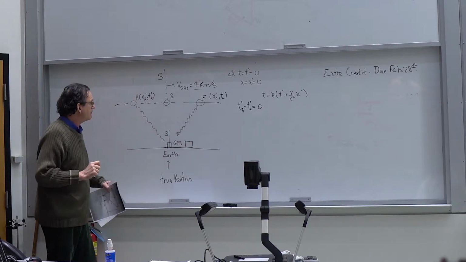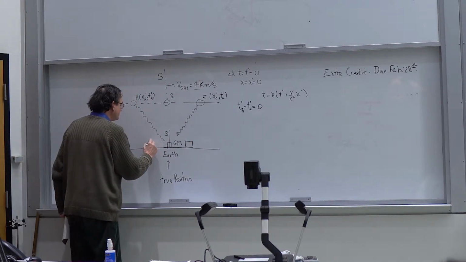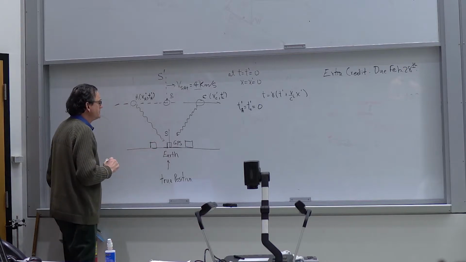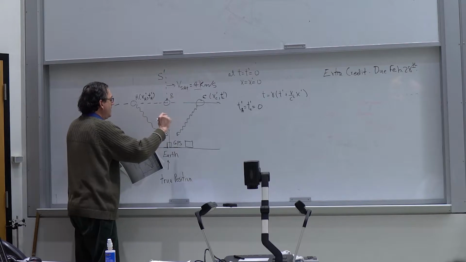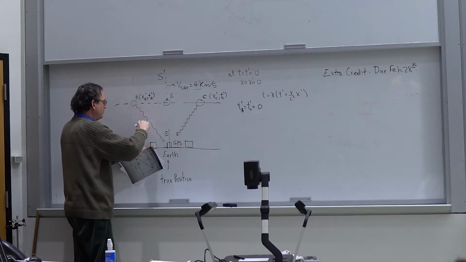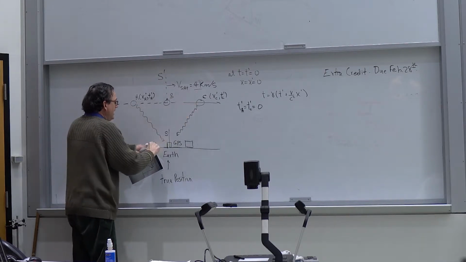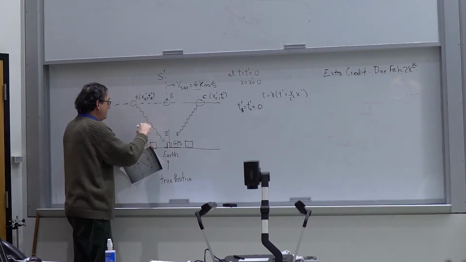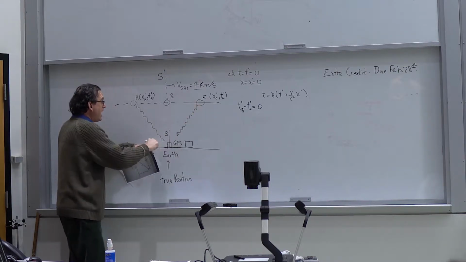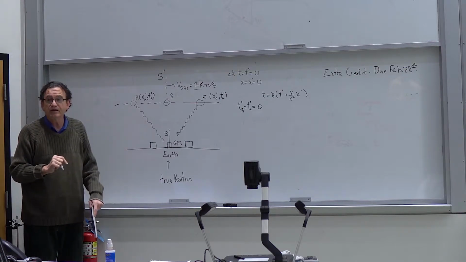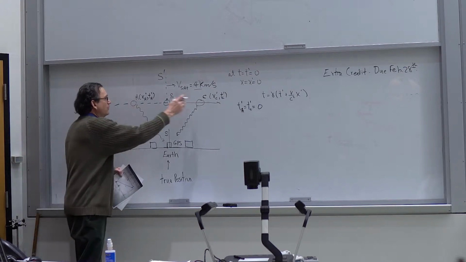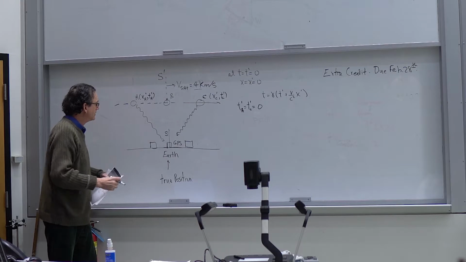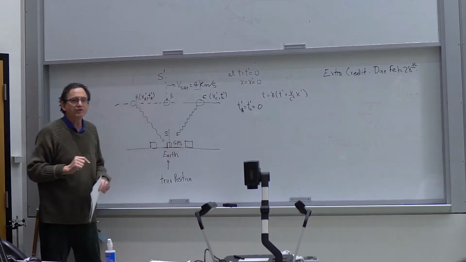If, on the other hand, the GPS is over here, and these are emitted simultaneously, then this one will take less time to get here than this one. The GPS will say, oh, this one came first, and then this signal came second, so I must be over here. It's based on a time difference. Using the time difference, and knowing where they were emitted from, it can calculate where it's going to be found on the ground.